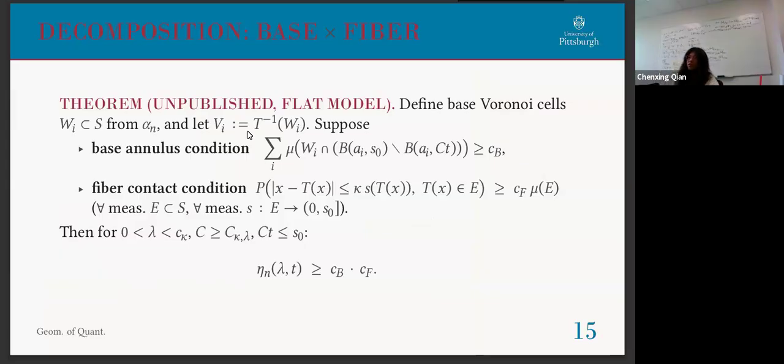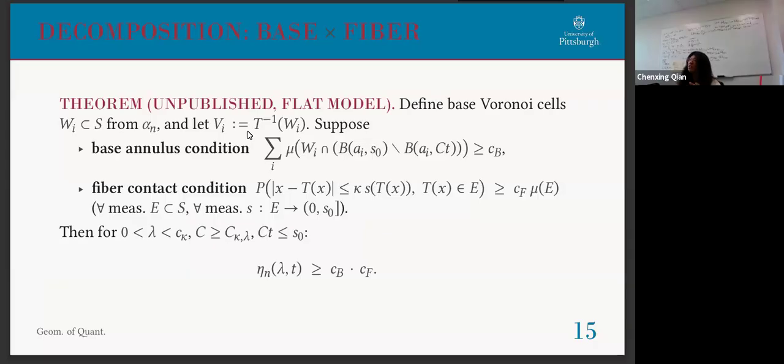The natural question here is, when does the quantity eta n stay bounded below? And this result is the centerpiece of this talk. Here I consider a flat model, which means it's codimension one.